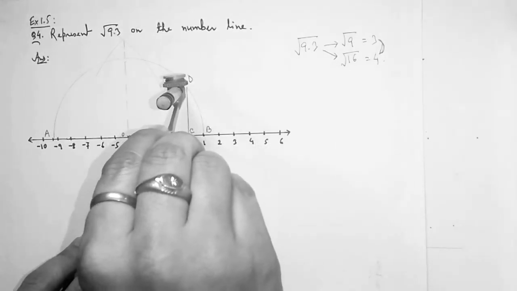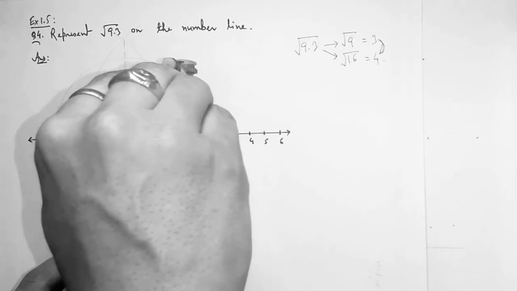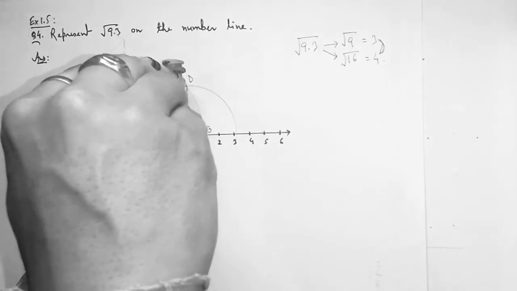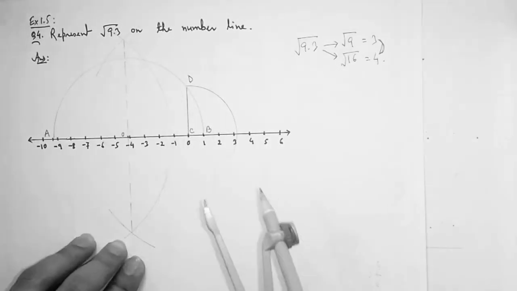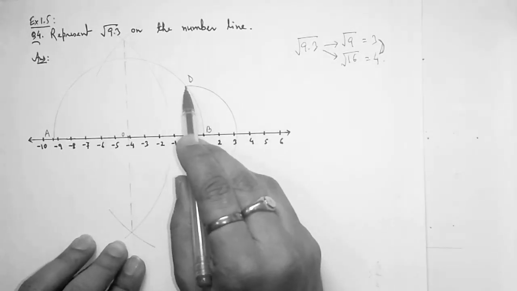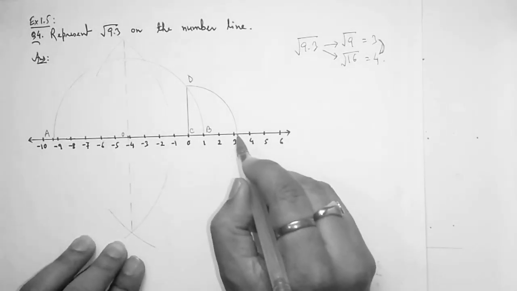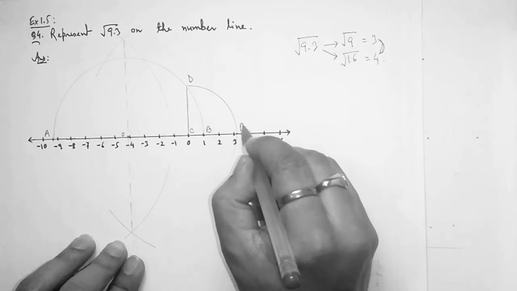So C as the center and CD as the radius, you draw an arc that intersects the number line. You have seen I have drawn an arc that intersects the number line at this particular point. Let this point be P.